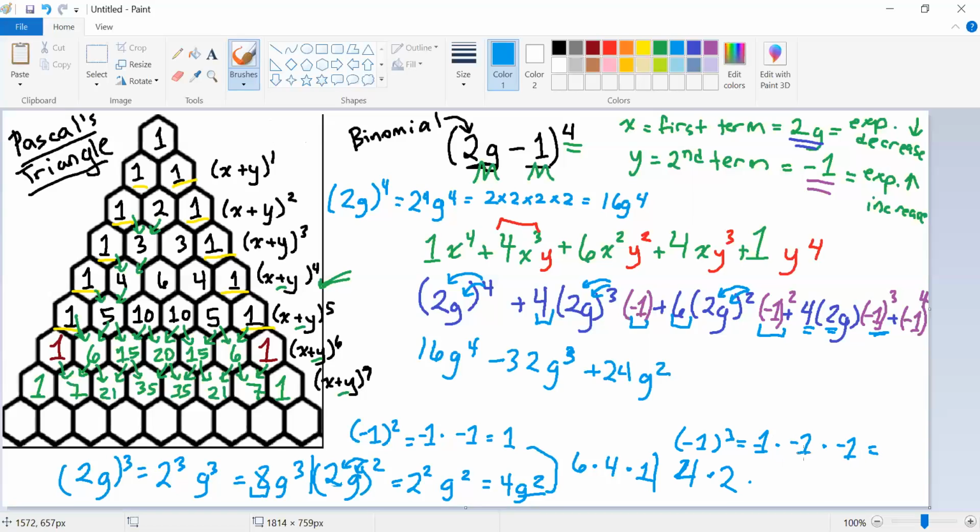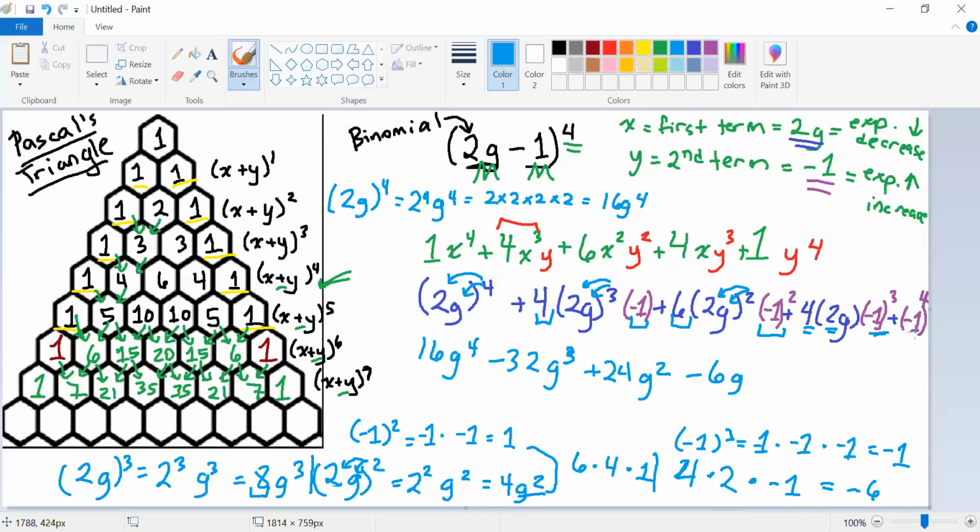So negative 1 times negative 1, that's positive 1. Positive 1 times negative 1, it's going to give me a negative 1 again. So with all my coefficients, I'm doing 4 times 2 times negative 1, and you're going to get a negative 8. So this one will be a negative 8g.